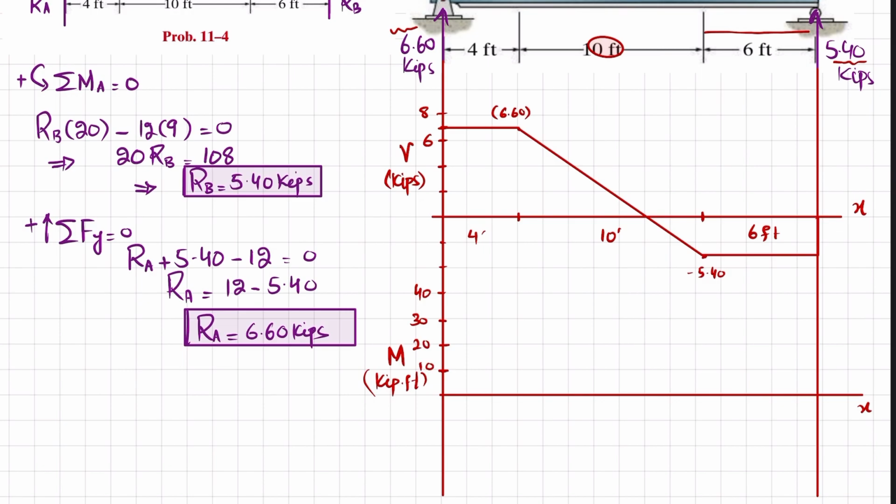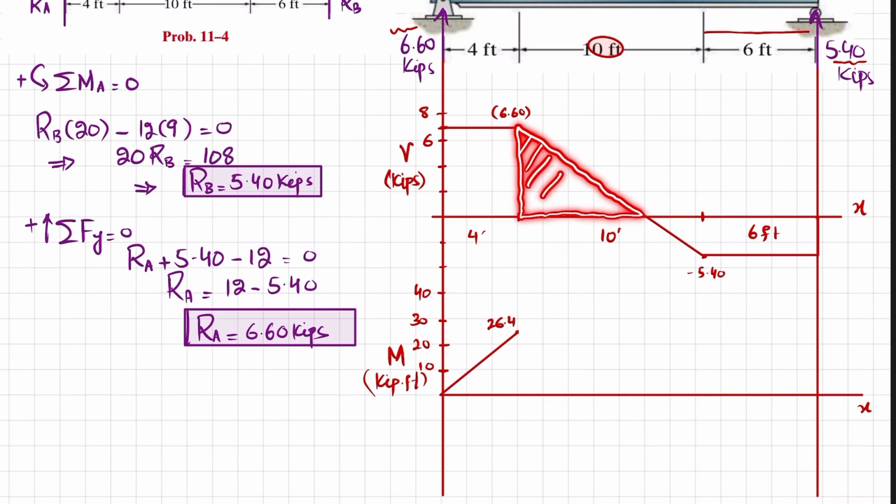So 26.4 will lie somewhere here. So our first point of bending moment will be this point. This is 26.4.